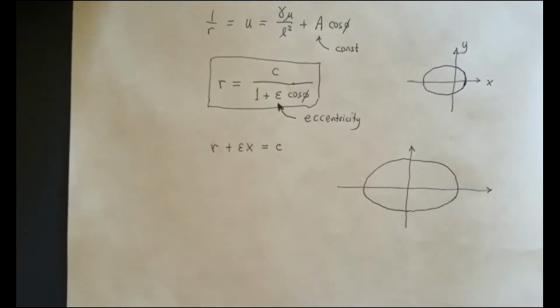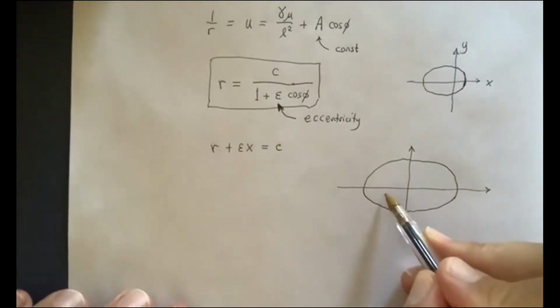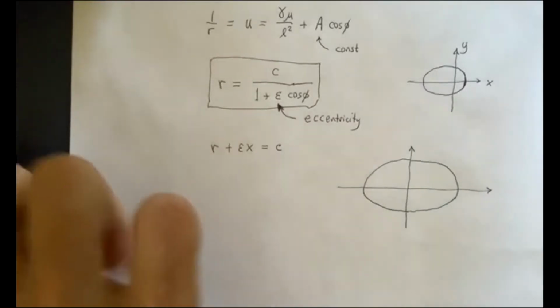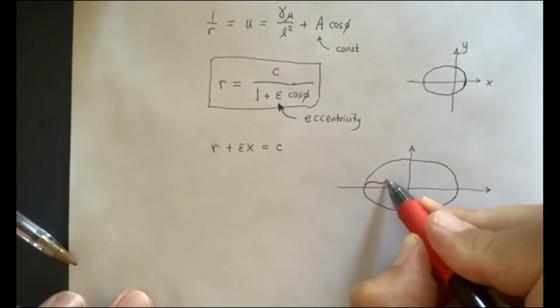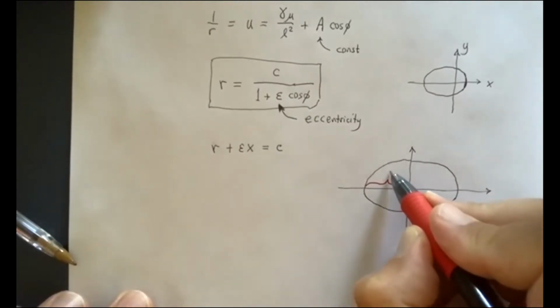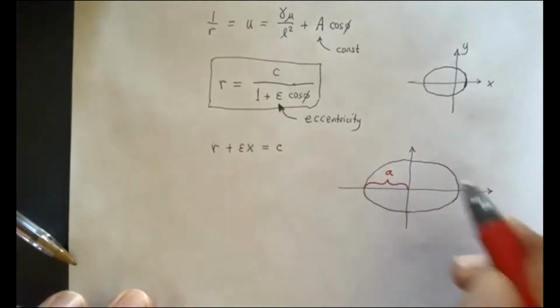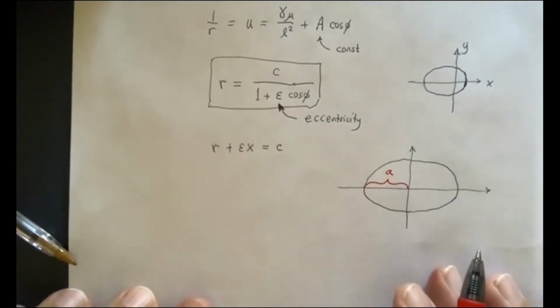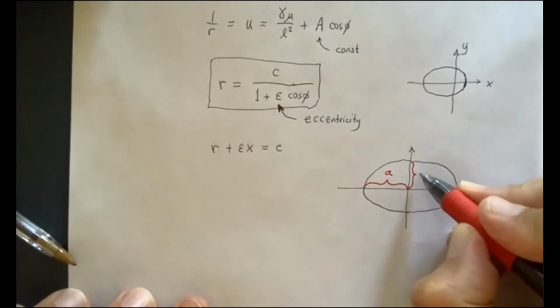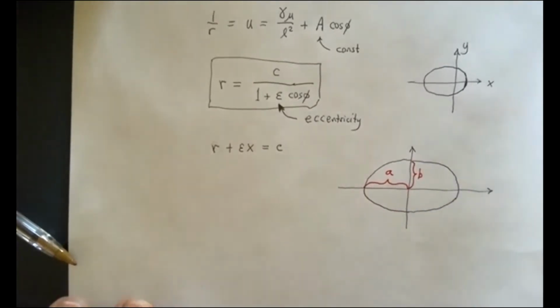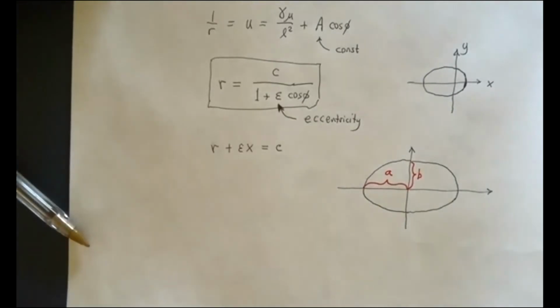When it speaks of the semi-major axis, this is the semi-major axis. I'll use a different color here. The lowercase a is the semi-major axis, and the lowercase b is the semi-minor axis. What's going to be remarkable in terms of physics is that the total mechanical energy depends only on the lowercase a.